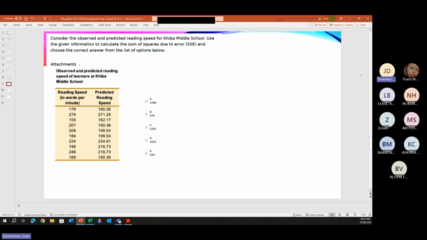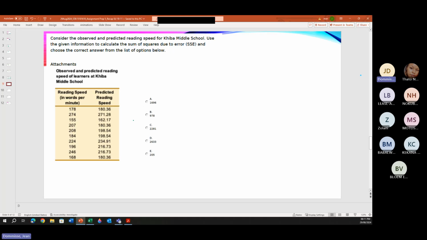The same with this question. Consider the observed and predicted reading speed for Kiwa Middle School. Use the given information to calculate the sum of squares due to the error and choose the correct answer from a list of options below.